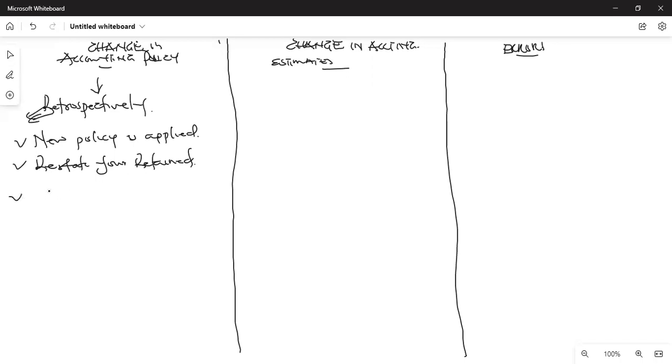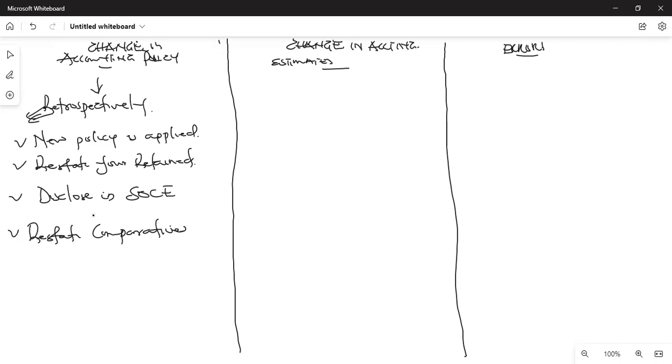Another thing you are supposed to do is to disclose the effect of the change in your statement of changes in equity. All right. Then you have to restate your comparative. Okay, because you've changed something concerning last year, you need to restate the comparative. All right.